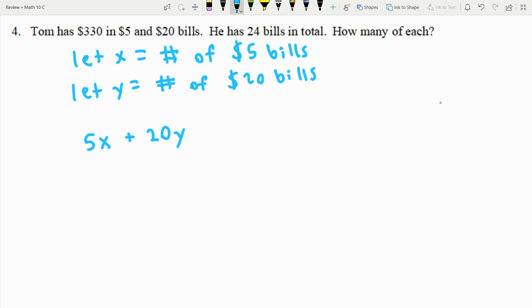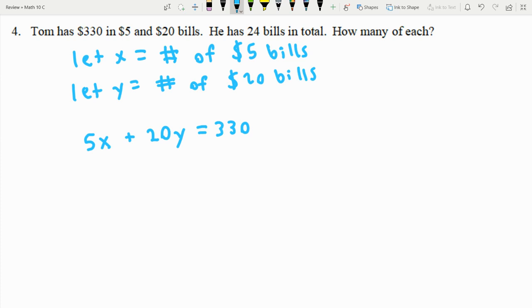So I'm going to say 5x plus 20y equals $330. If I know how many $5 bills I have, I multiply that number by $5, and I multiply the number of $20 bills by $20, and add them together, and that should give me $330.